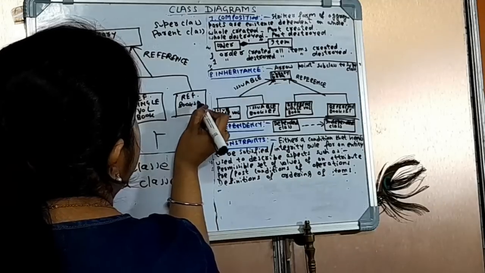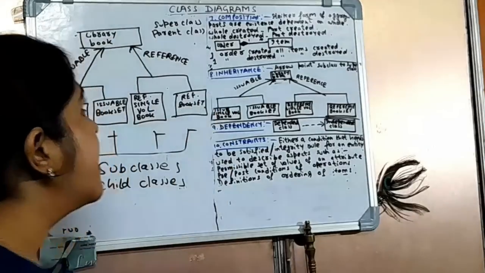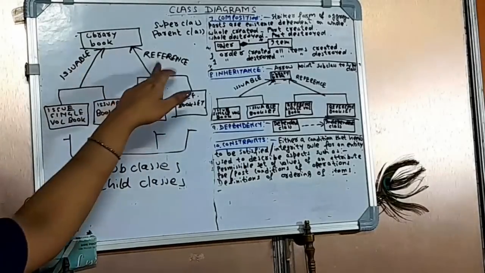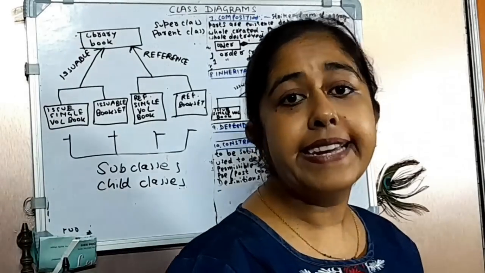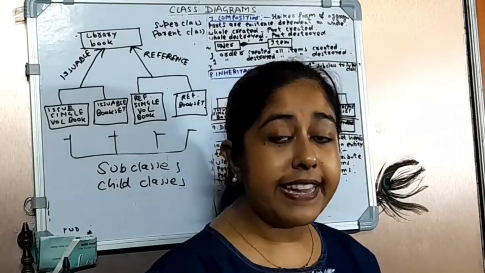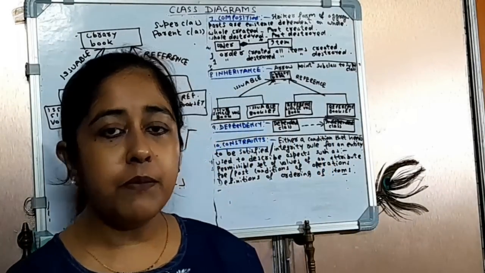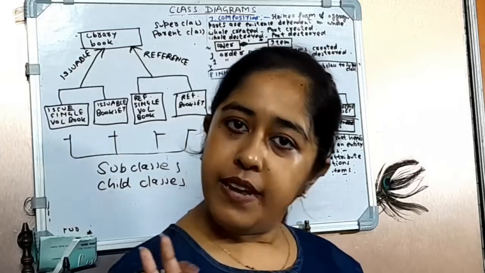So this is what is there in the case of my library book. This is my issuable book and this is my reference book. One is a book which I can take from the library, which I can issue from the library, and the other you can use as a reference book, but you cannot issue it.